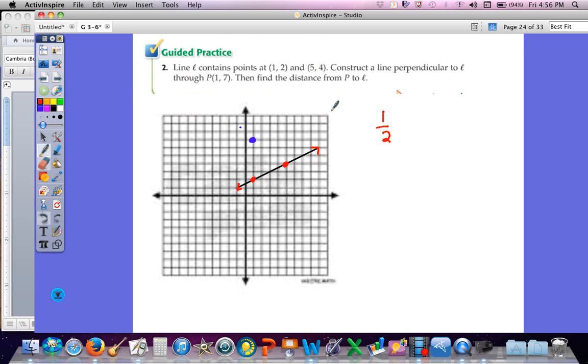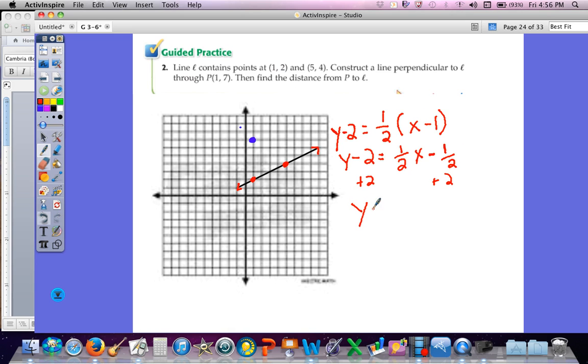Now, I want to write an equation. So I'm going to start with point slope form, y minus 2. I'm just going to use this first point. I could use either. x minus 1. So y minus 2 equals 1/2 x minus 1/2. I'm going to add 2 to both sides.